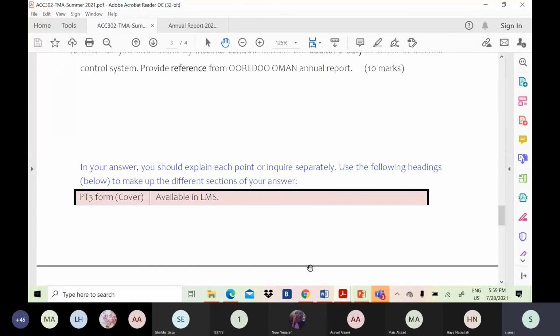Also please remember you have to start your TMA answer with the BE3 form, the cover. It should include all your information.